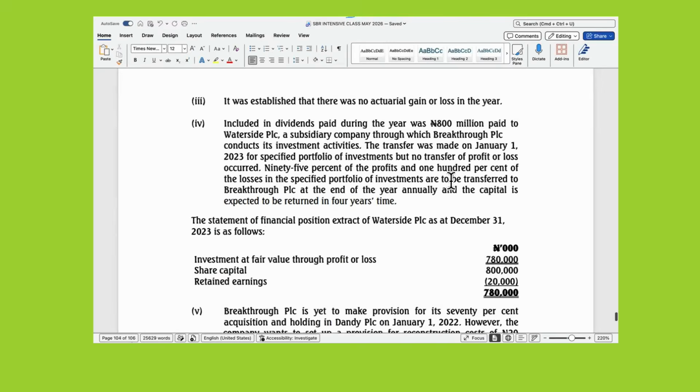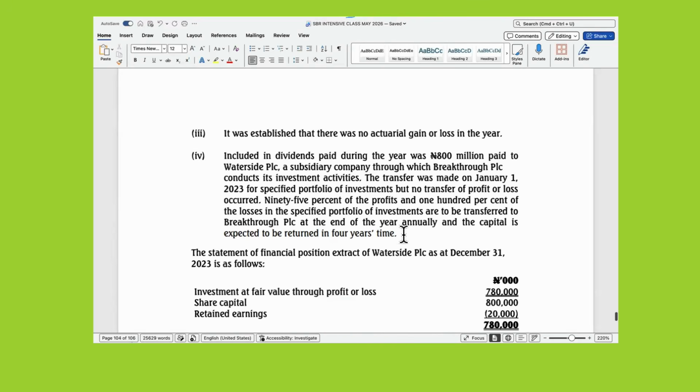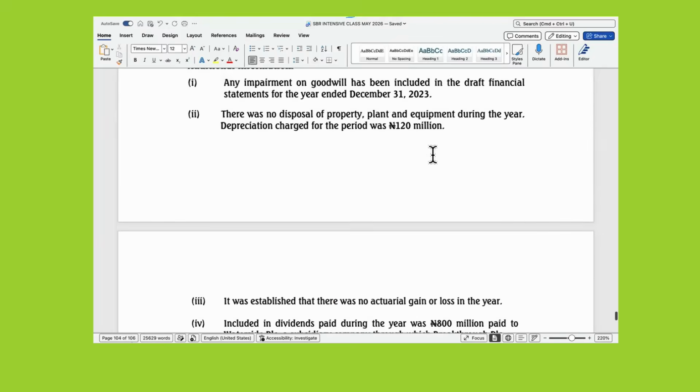And they told me that they paid a dividend of 800 million to Waterside, which is a subsidiary. So what they are doing here is they invested in a subsidiary. So included in dividend paid during the year was 800 million.